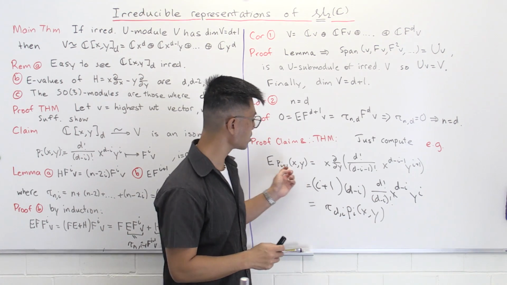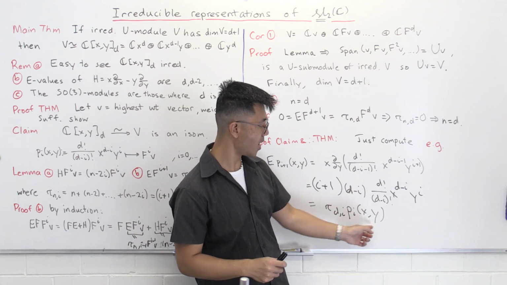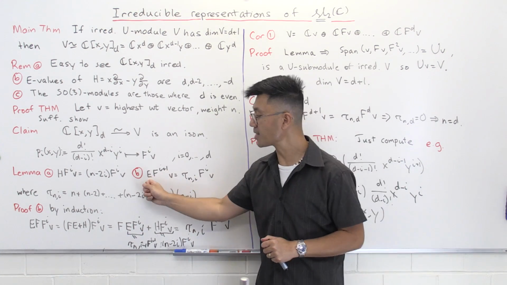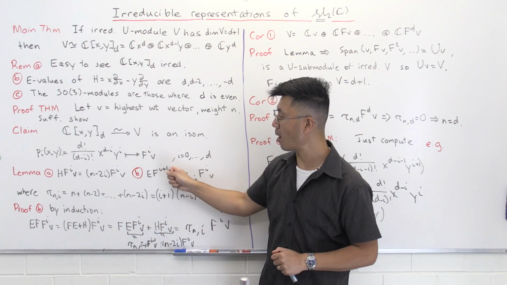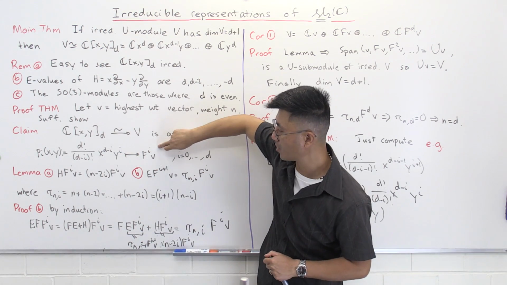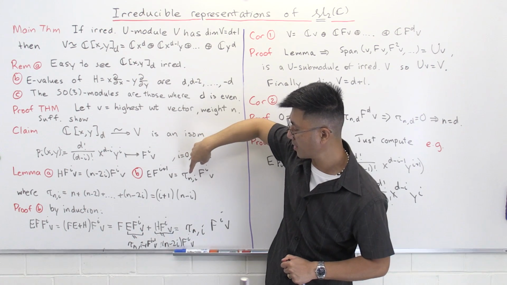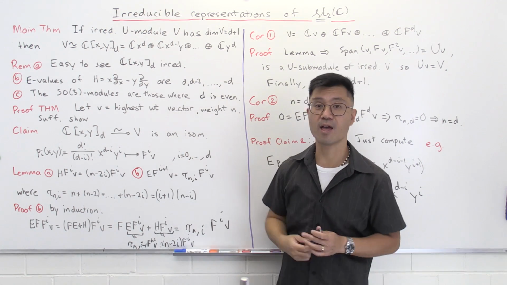So what you get is no longer pi plus 1, you get pi, and the scalar out the front is 2 tau di. And that's exactly how E acts on f to the I plus 1v, which is the corresponding element over here. It just multiplies by, remember, n equals d, tau di of FIV.